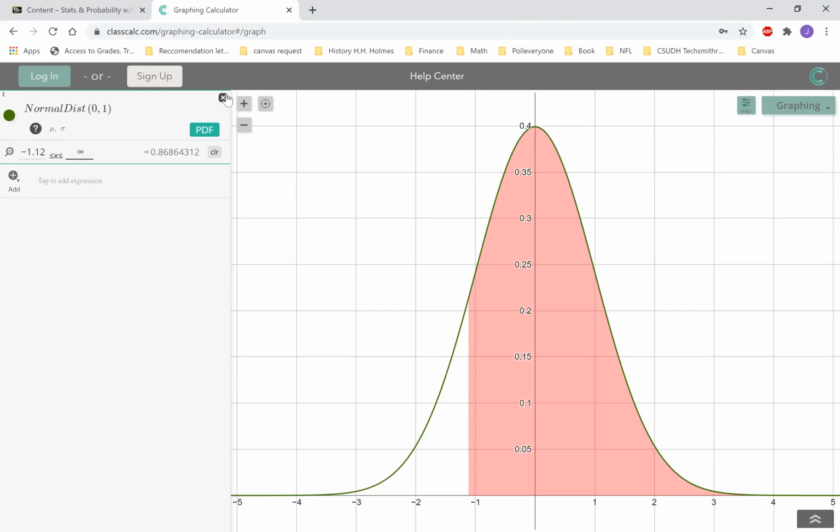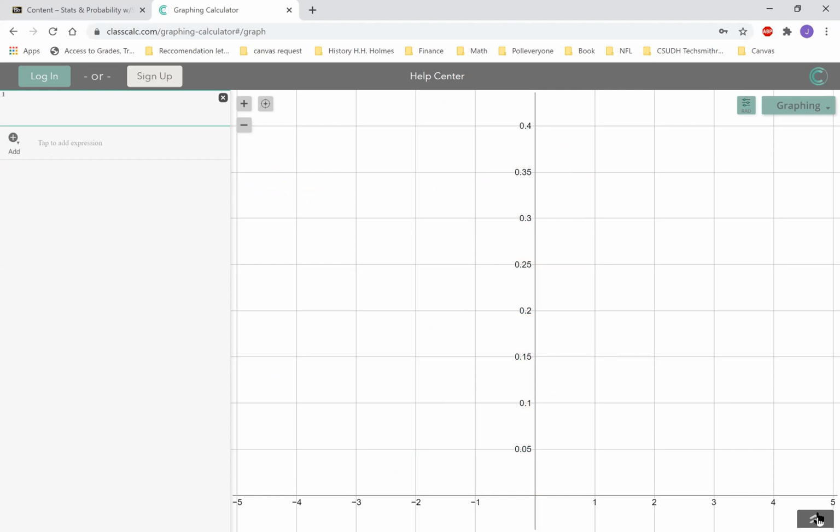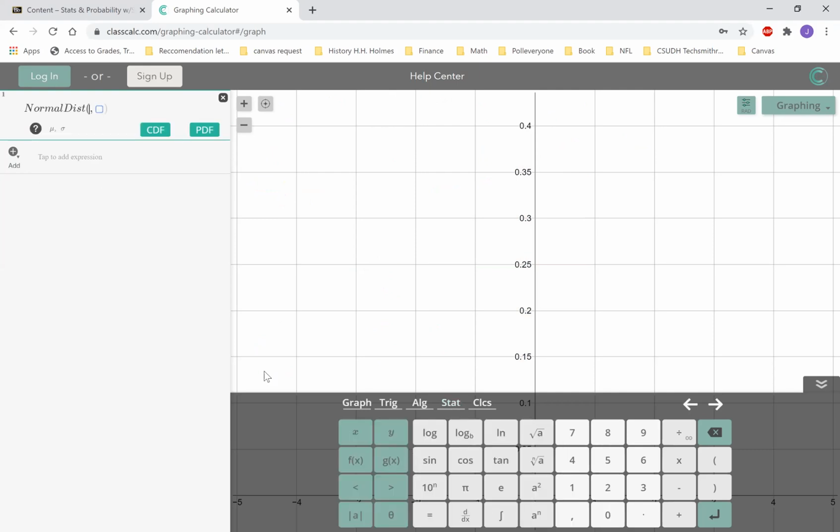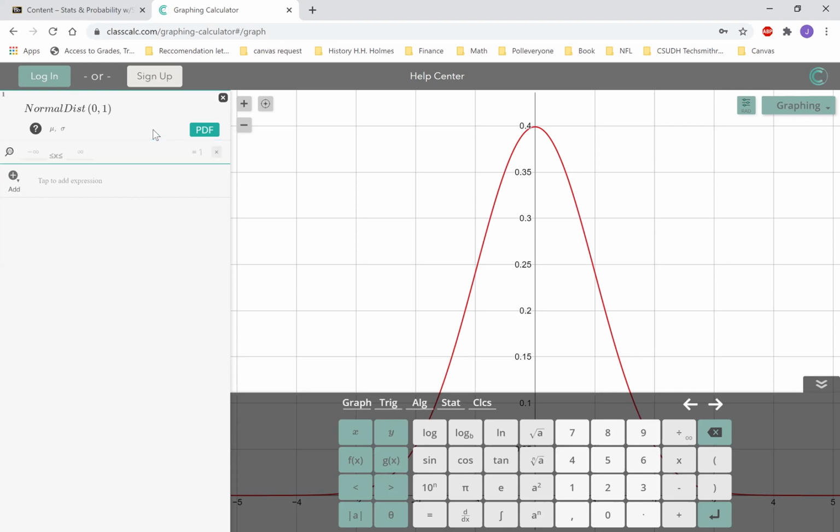So here, we'll do it all over again. Once again, we'll go to stats, distribution, normal distribution. We'll put the mean as 0 and the standard deviation as 1. We close the parenthesis and do CDF. For CDF, the lower bound is 3.89 and the upper bound is infinity, so you just hold the division sign.